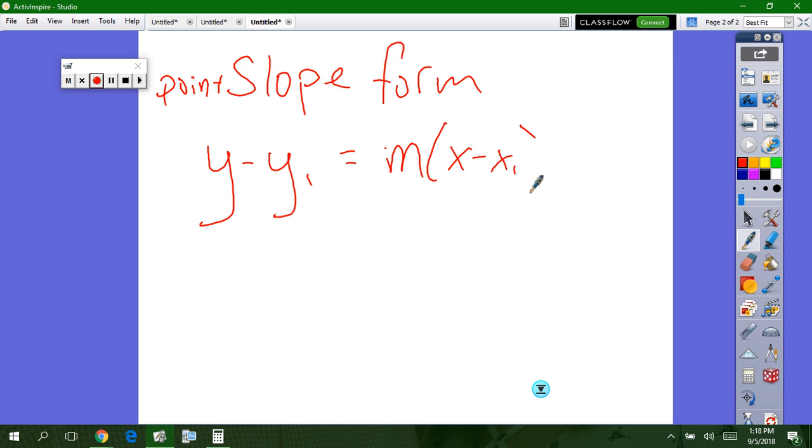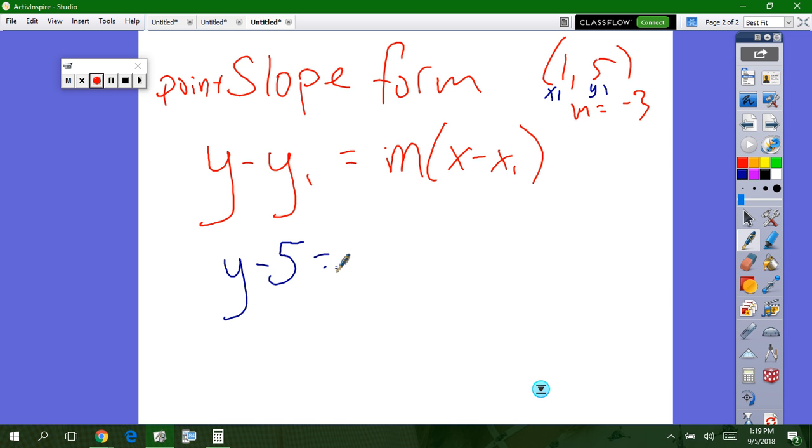What was the point that I gave you again? (1, 5), is that correct? So I had (1, 5) and my slope being -3. So understand all this is, ladies and gentlemen, this is my x1 and this is my y1. Now right there, it's just a plug and chug. So I plug it in: y minus y1, which is 5, equals my slope, which is -3, times x minus x1, which is 1.